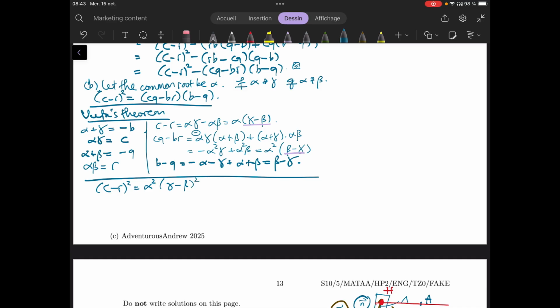Left hand side, that will get us this expression. Right hand side, that will give us this guy. These two are equal. Therefore, left hand side is equal to the right hand side. We have finished the proof.